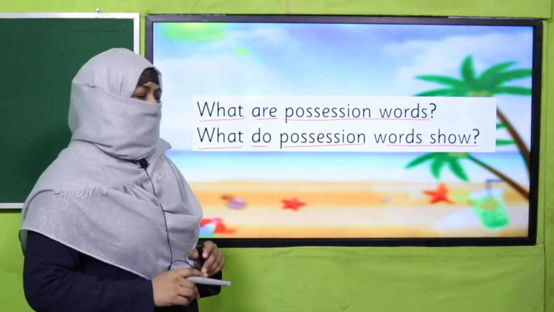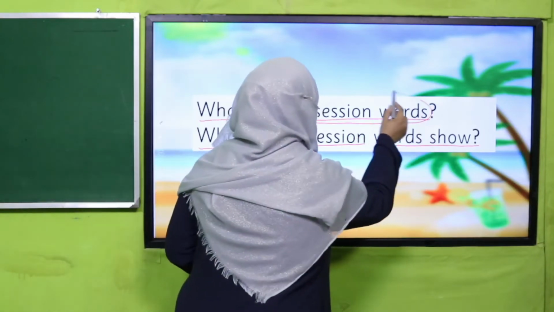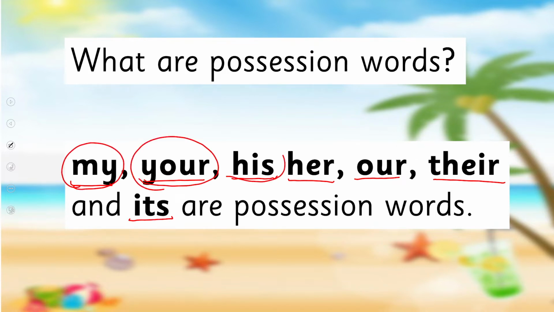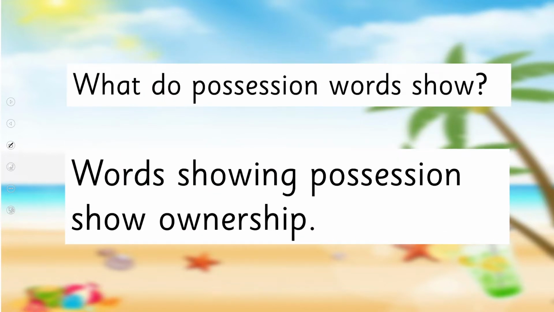Yes, my dear children, what are possession words? Possession words are my, your, his, her, our, their, and its. All these are possession words, right? And where do we use them? What do possession words do?